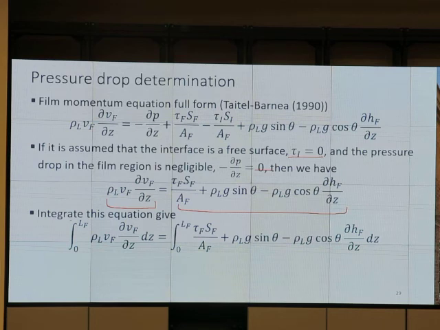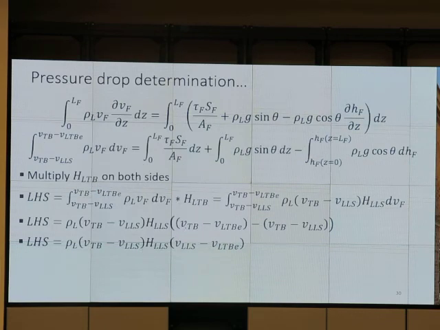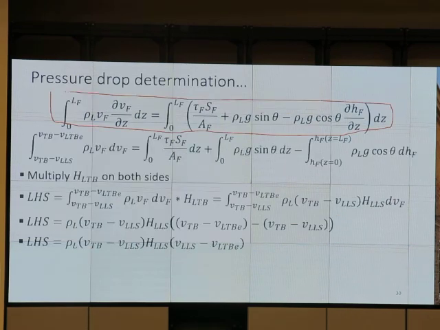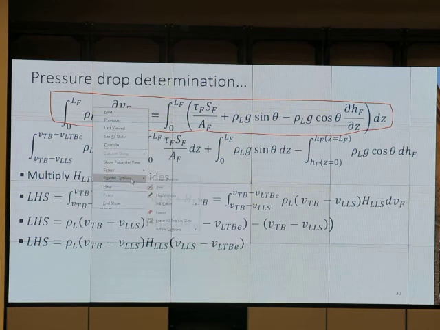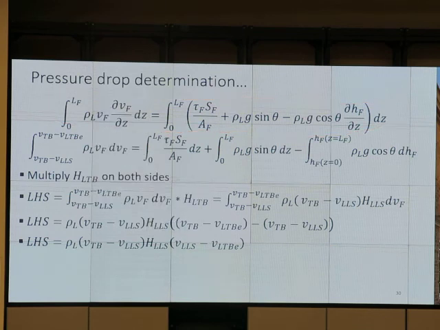Integrated with respect to film length, put the integration with respect to L over there, covering everything on the left side, and on the right side we have that. Next step, this part I just copied from the previous page. So we try to integrate it.